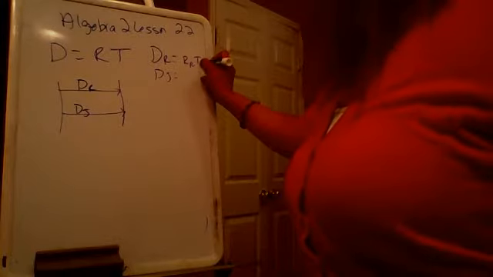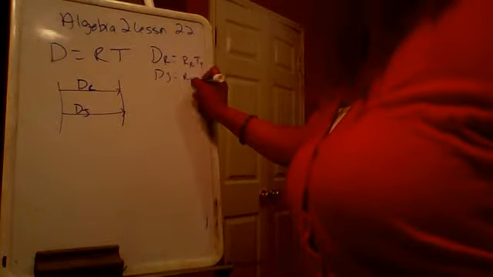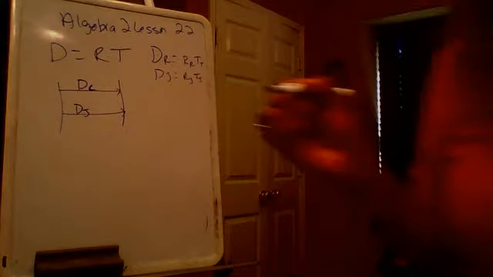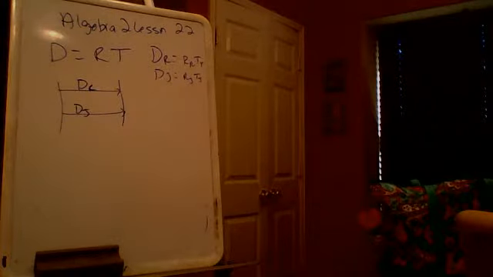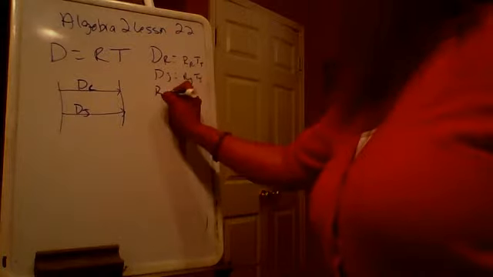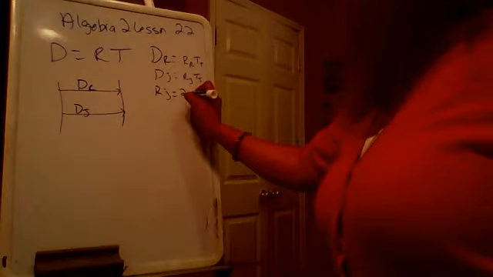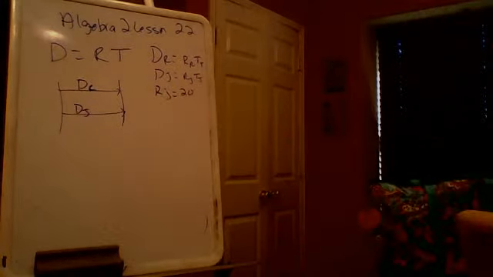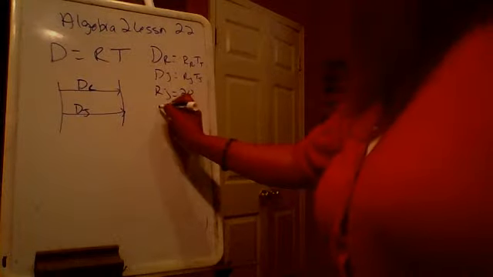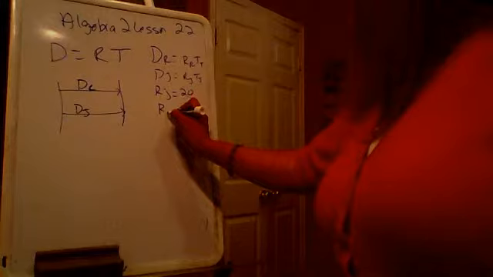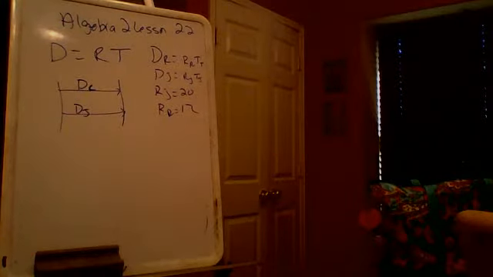R of R, T of R, and R of J and T of J. All right. They told us Judy traveled at 20 miles per hour, so her rate, R of J, is equal to 20. Roger traveled at 12 miles per hour, so R of R is 12. Yes?